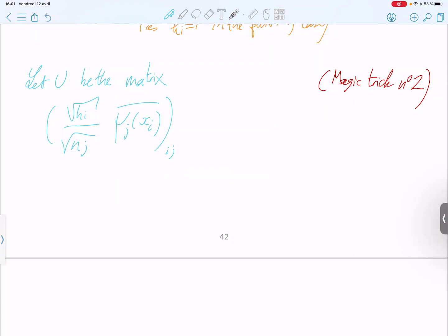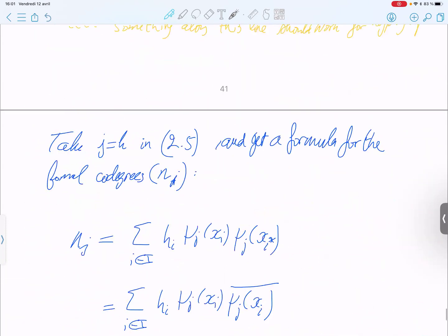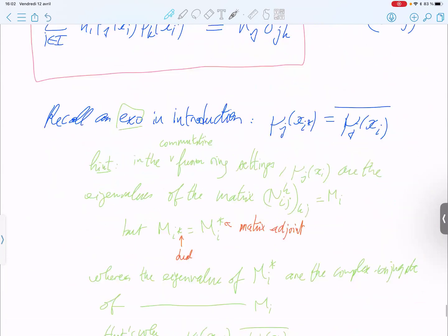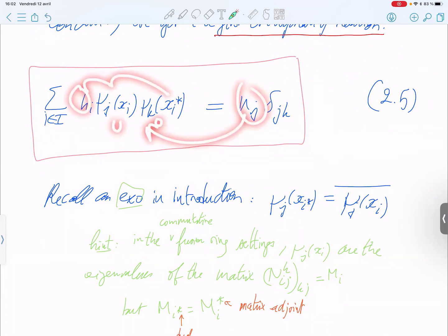Then the point 2.5 means the first orthogonality relation, which is here. In fact, what I did here, I put the coefficient here, and I distributed it here and here, by taking square roots. And so I got something symmetric.